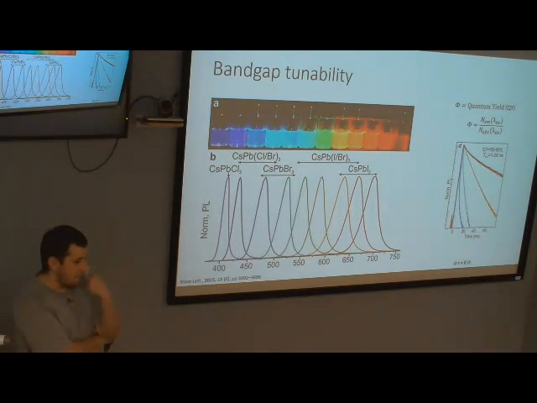Same process, super easy. With organic materials, you have to create different dyes at specific wavelengths. For nanomaterials, if you change the size, you directly change the band gap, which is the big benefit over organic material, which you can't do that readily.